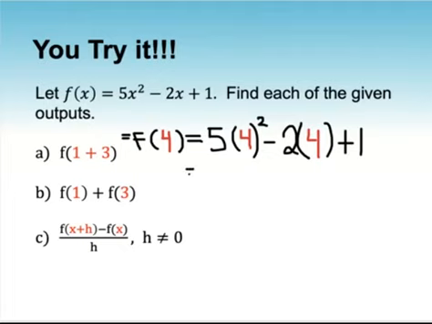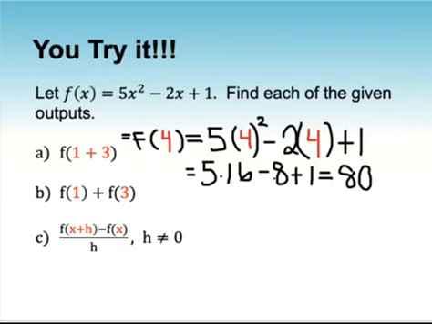And then we can simplify this. And we have 5 times 4 squared. So 4 squared is 16. Minus 2 times 4, so minus 8. Plus 1. That equals 5 times 16 is 80.